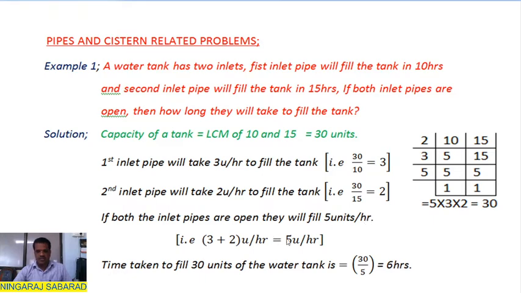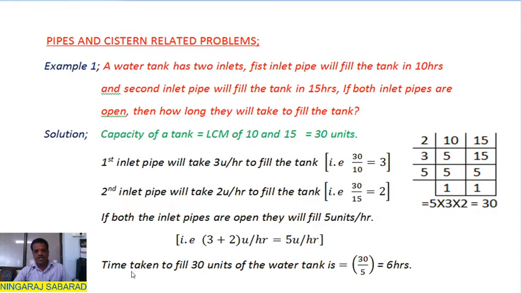If both inlet pipes are open, they will fill 5 units per hour. How I got this value is I just added these two values, 3 plus 2 gives 5. So the rate of filling if both inlet pipes are open is 5 units per hour. Now we have to calculate the time required to fill the tank if both inlet pipes are open.